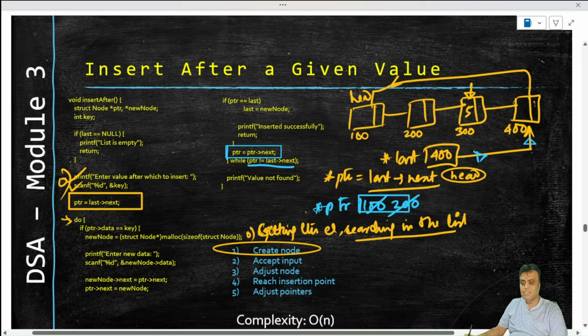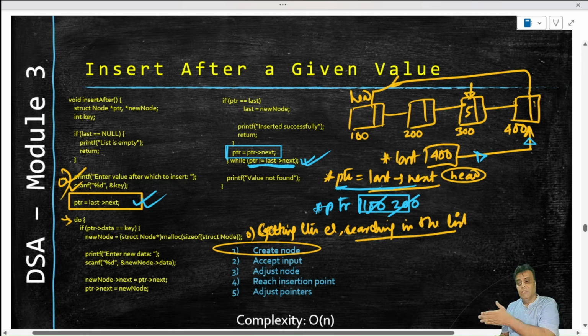So if I start from this pointer, which is my head, and come back to head, then I've covered the entire list. So that is what I'm trying to say here. My pointer is equal to last arrow next means the pointer which started with last arrow next has come back to last arrow next. That means it has come back to head. Head has become head again.